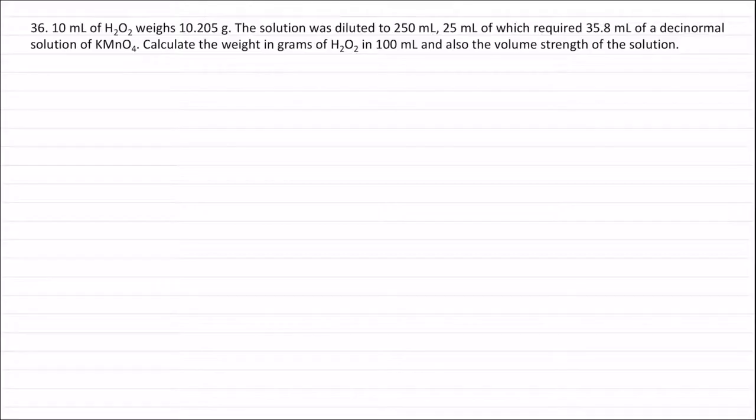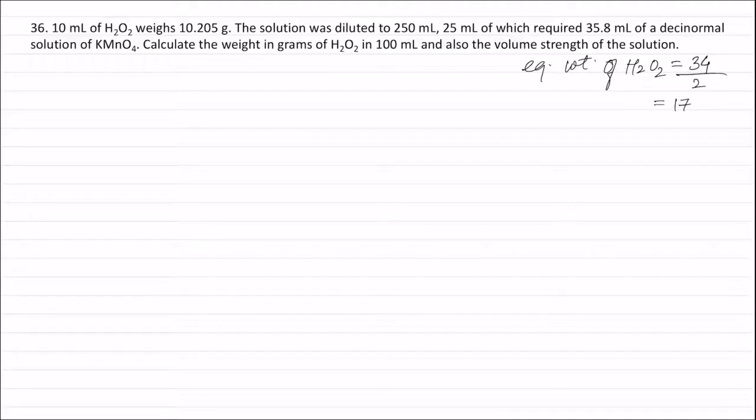Calculate the weight in grams of H2O2 in 100 milliliter and also the volume strength of the solution. Equivalent weight of H2O2 will be equal to 34 divided by 2, which is equal to 17. 34 is the molecular weight of H2O2 and 2 is the valency factor.